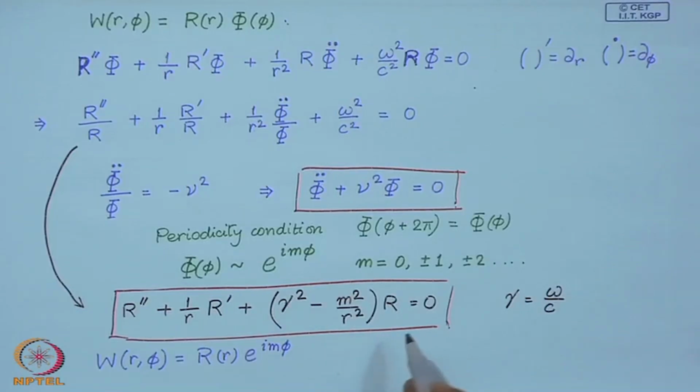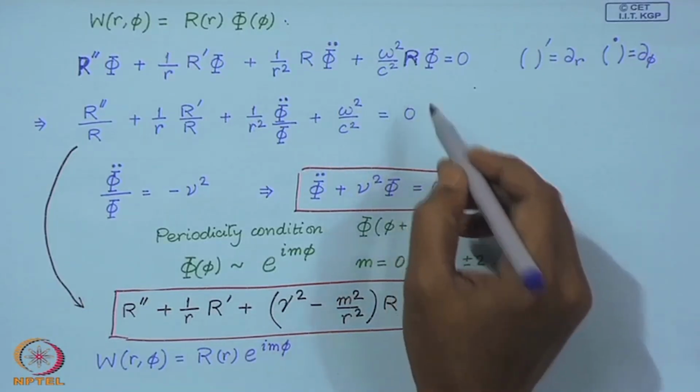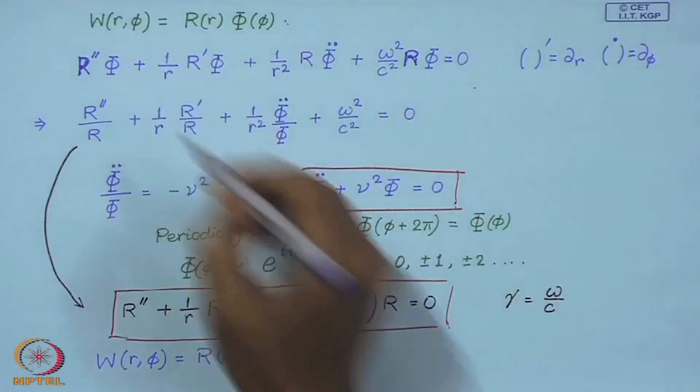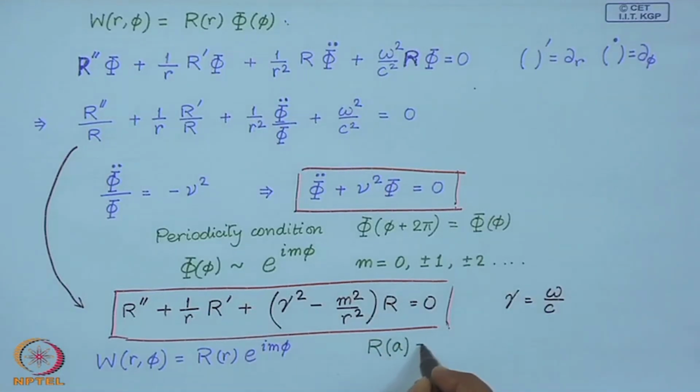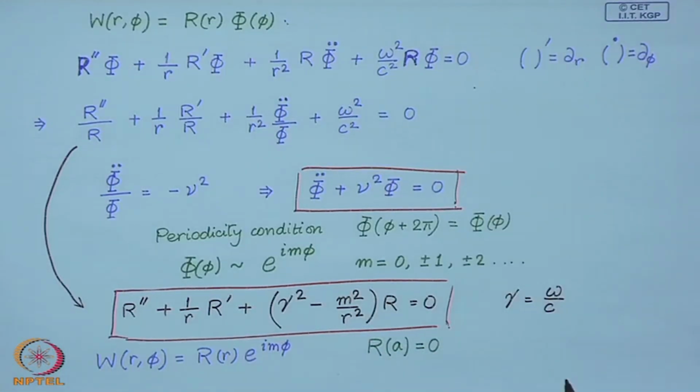Now, this has in addition the boundary condition. If you use the boundary conditions, then R at the periphery of the membrane, at r equal to a, must be equal to 0.